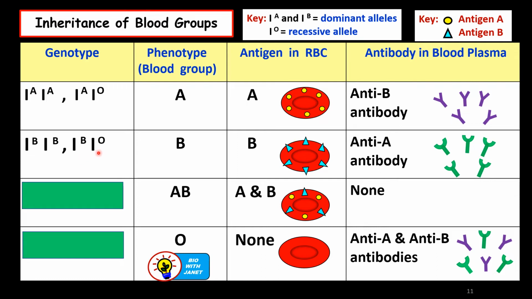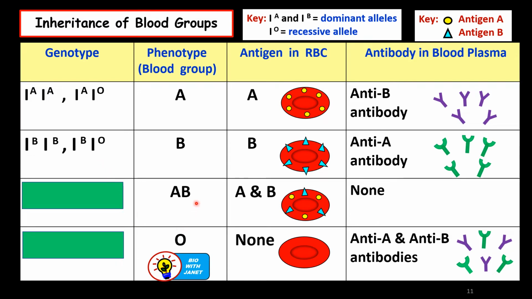Therefore, it will not express its trait, and only the allele IB expresses its trait. So there's production of antigen B on the red blood cells. So this individual IBIB is called a homozygous dominant individual, right? And IBIO is a heterozygous individual, that means heterozygous for blood group B.